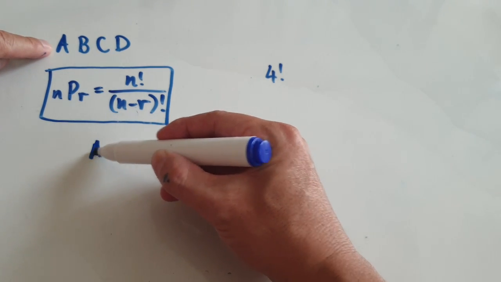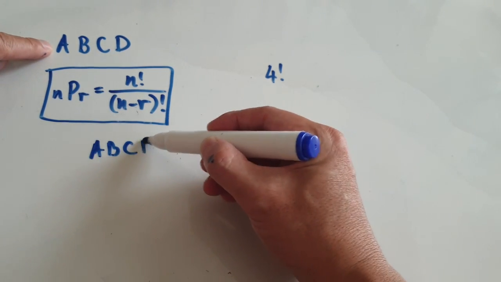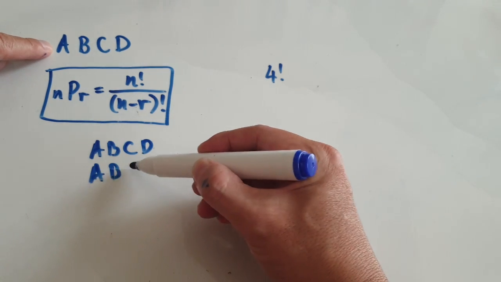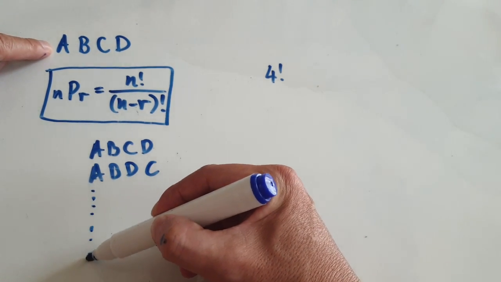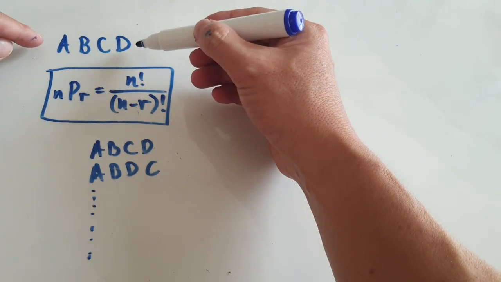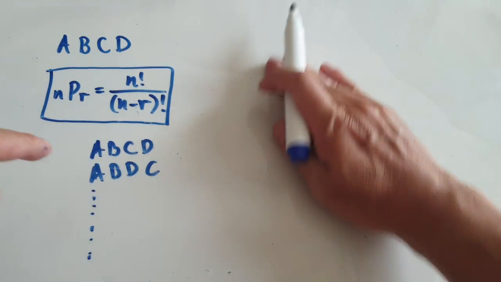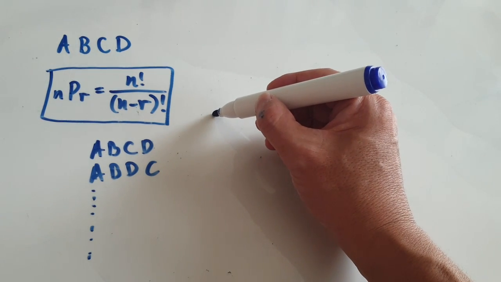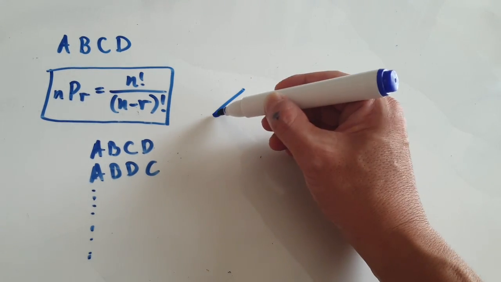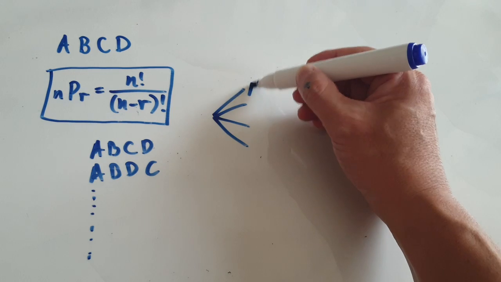So it's A, B, C, D, A, B, D, C, and so on. It will list out every single possible arrangement for 4 letters. When you do 4 factorial, you can also visualize a tree diagram, which I showed you in the previous video.